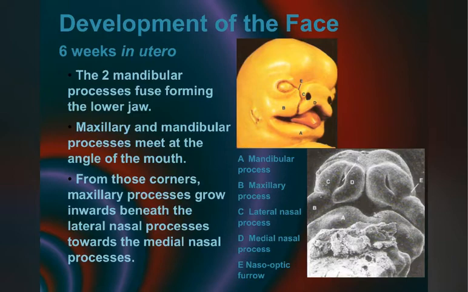It's called naso-optic furrow. Furrow is a groove. You can call it naso-optic groove. It's also called nasolacrimal groove, because it's the site where the nasolacrimal duct develops.